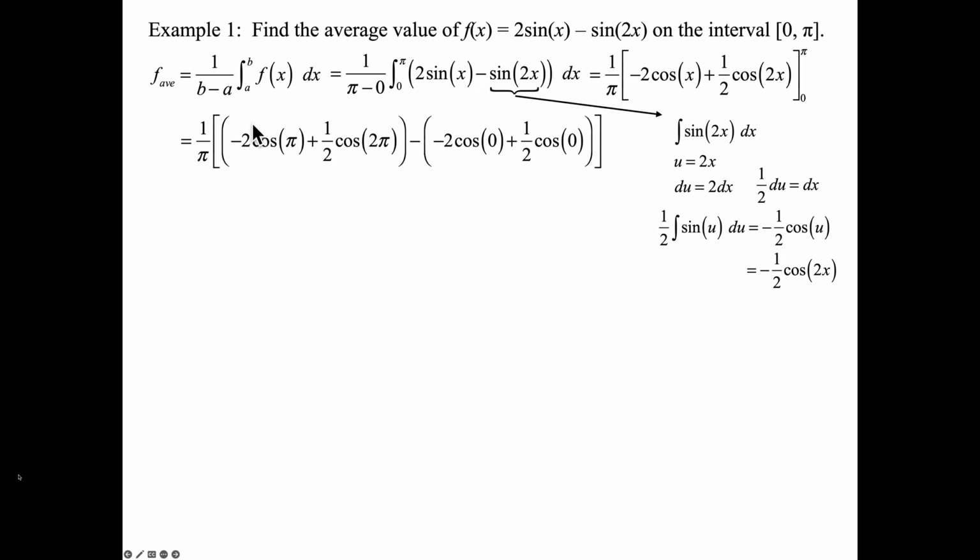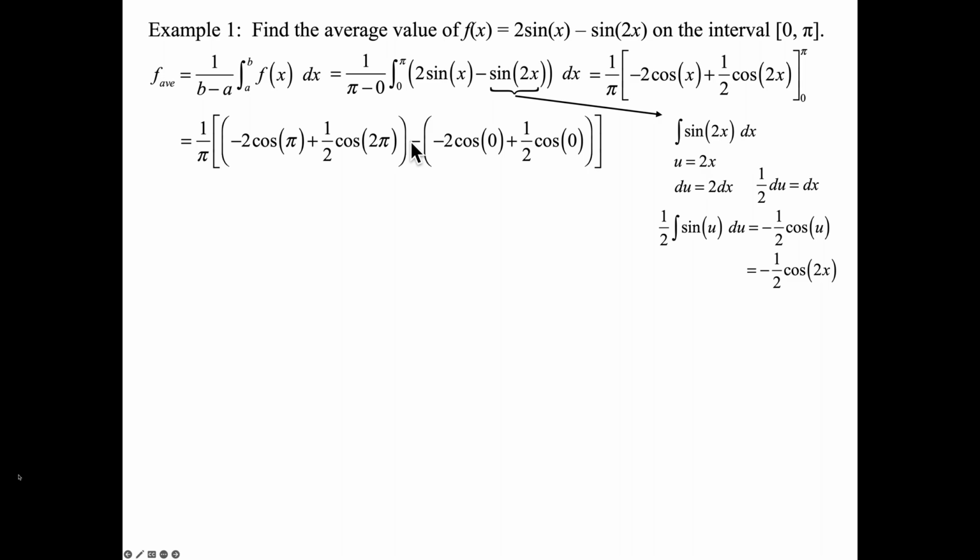So 1 over pi, we have negative 2 cosine of pi plus 1/2 cosine of 2 pi, minus the negative 2 cosine of 0 plus 1/2 cosine of 0. Just plugging in the pi's for the x's and then plugging in the zeros when we subtract them.